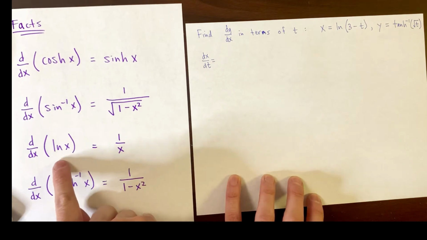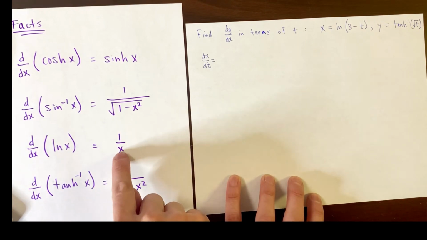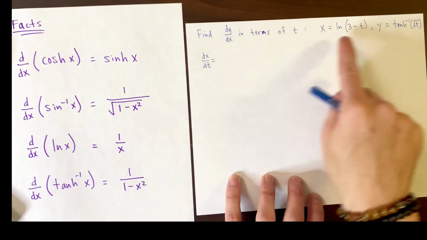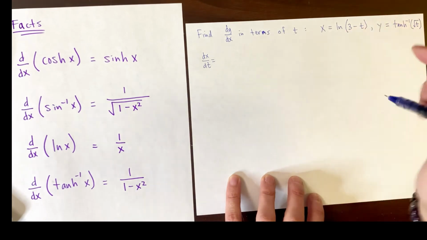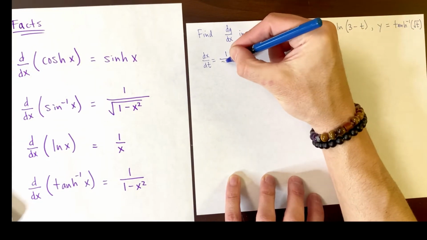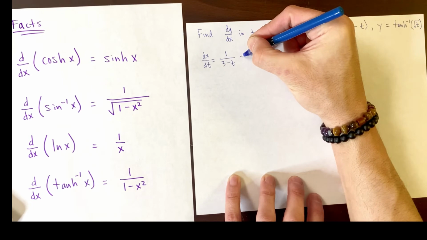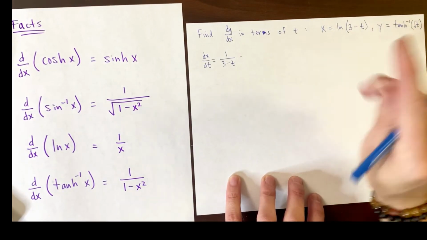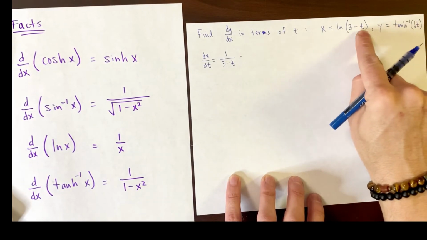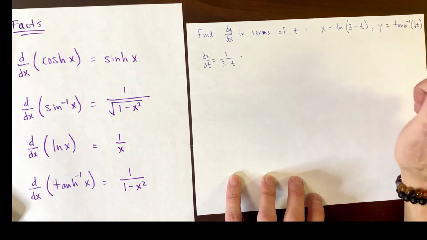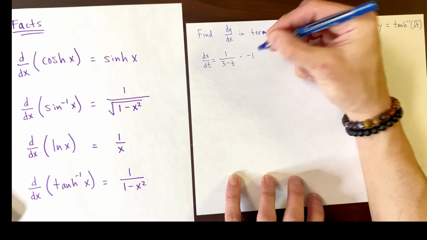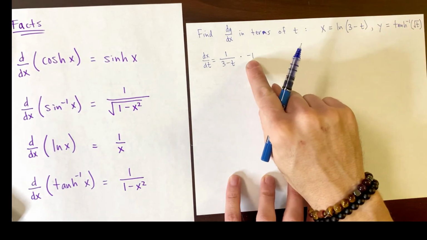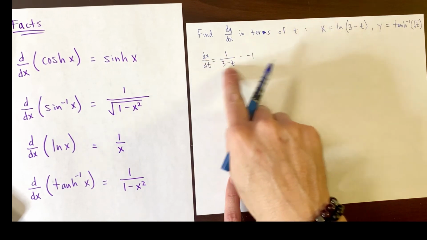The derivative of natural log is the reciprocal of the argument. Here the argument is 3 minus t. So it would be 1 over 3 minus t times, chain rule, the derivative of the inner function. The derivative of that would just be -1, because the derivative of negative t is just -1. And that's really just dx/dt.